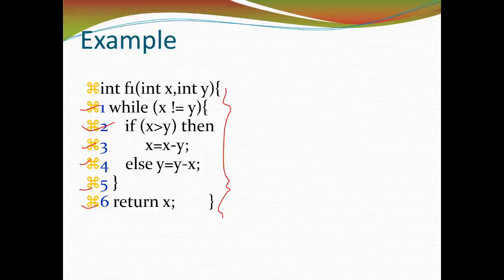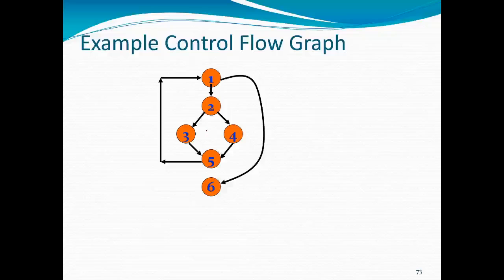First find out the predicate nodes here. We have 2 predicate nodes, the while statement and the if condition. These are the 2 decision making statements we have here. This is how the control flow graph looks. Statement 1 is your while loop.